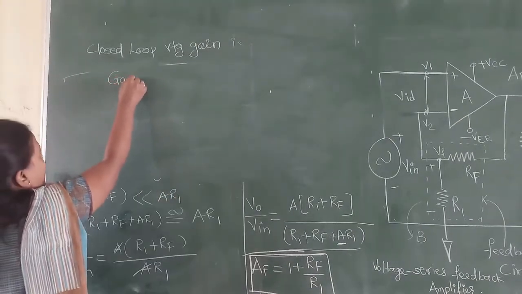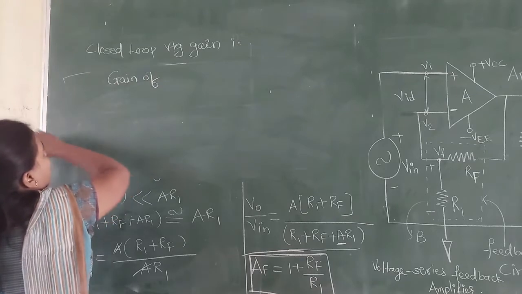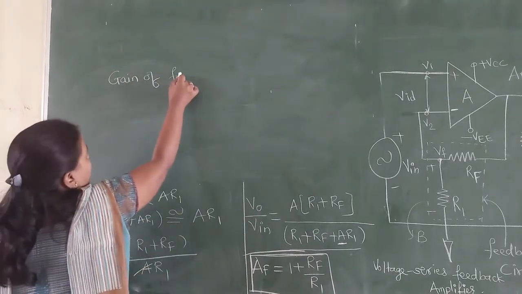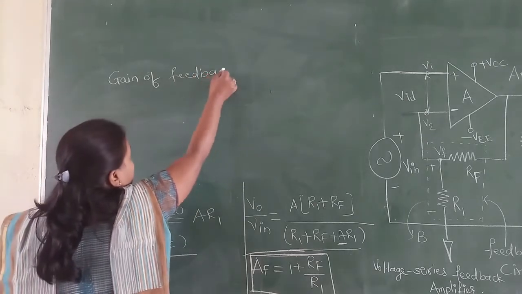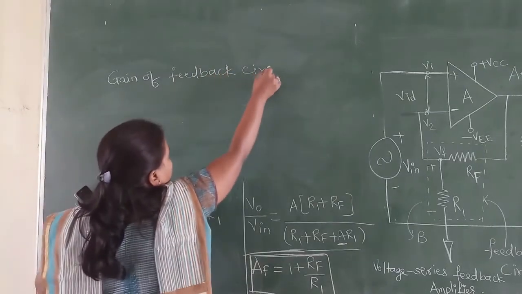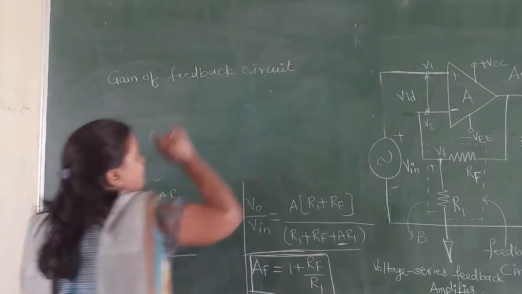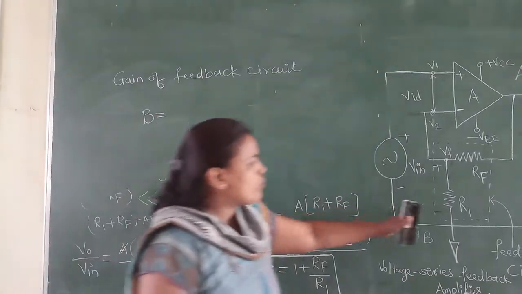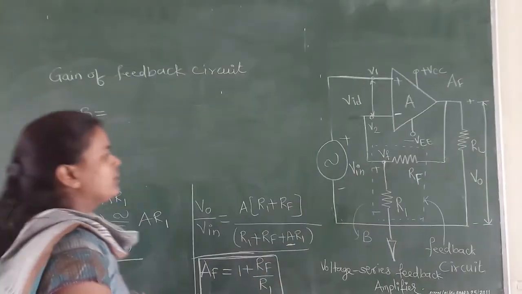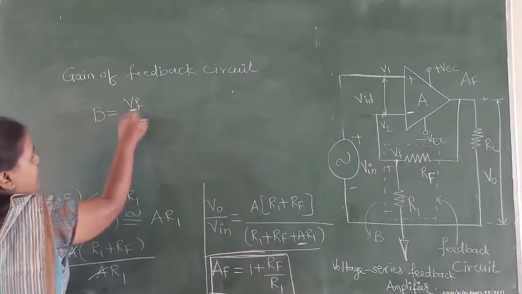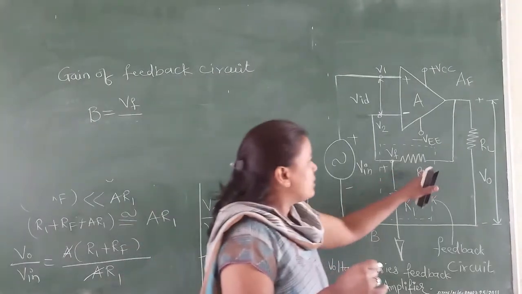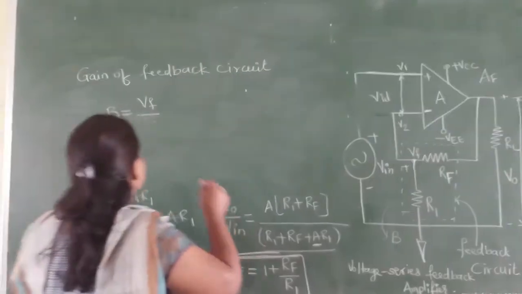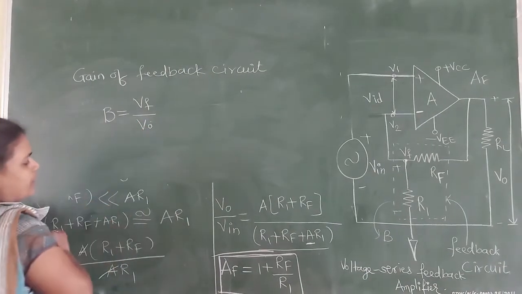Gain of the feedback circuit, we are denoting with B. Always gain is the output of the circuit over the input. The output of this feedback network is Vf, and the input to the feedback network is the output voltage V0.